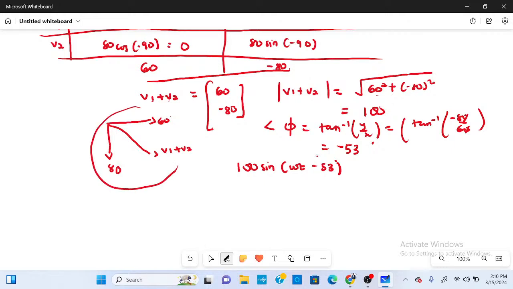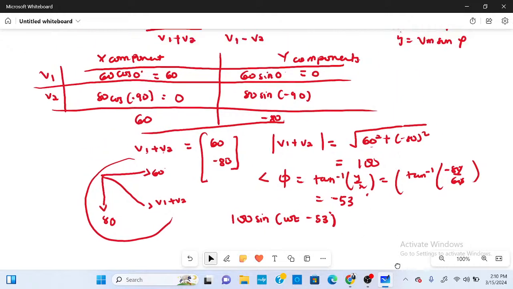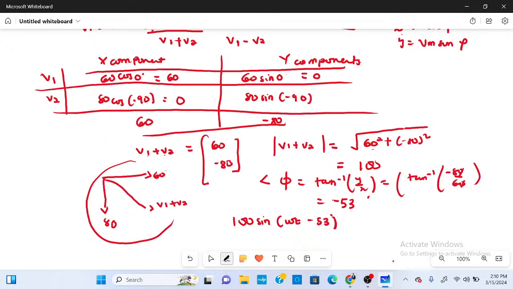Now we can do the same for V1 minus V2, and it's almost the same as what we've done. You simply have to subtract this and this. Your various components is still 60. When I subtract, I get my positive 80. Now since I'm getting positive, my magnitude remains the same, but this one becomes positive because I get 0 minus minus 80, making it positive 80.